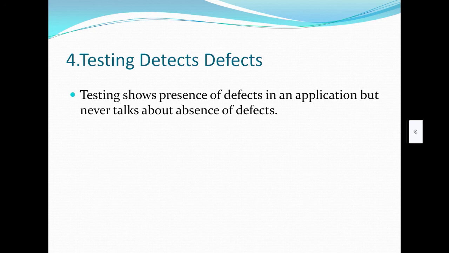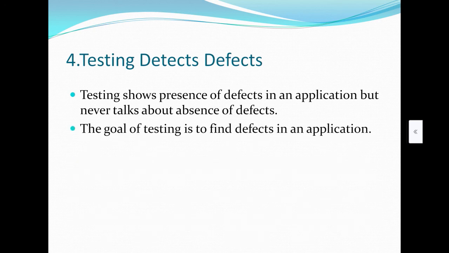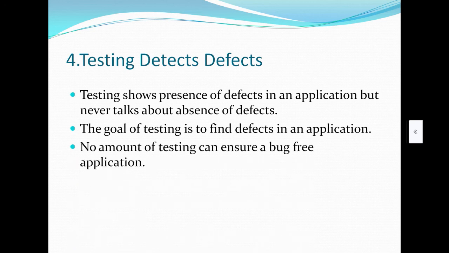Testing doesn't vouch for an absence of defects within an application, right? So the goal of testing here is to find defects in an application, and no amount of testing can ensure a bug-free application.